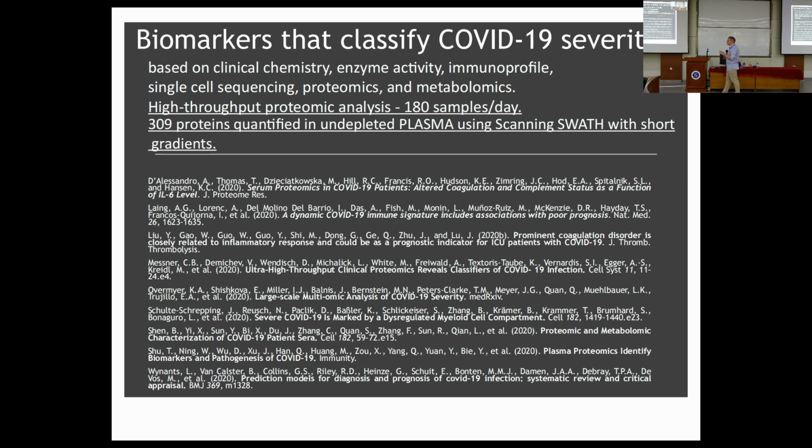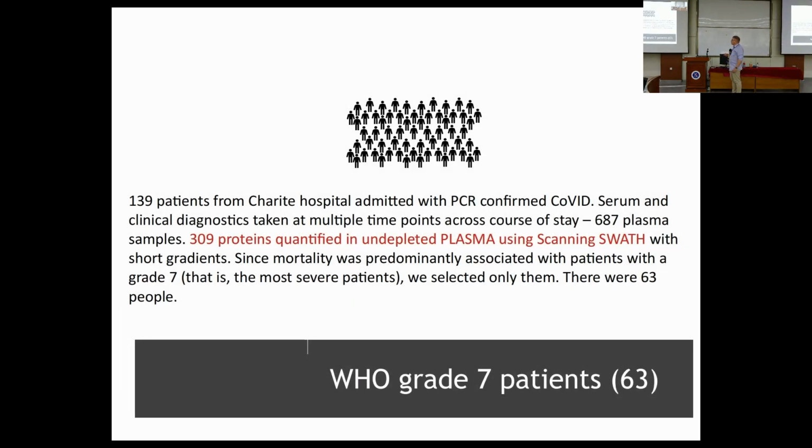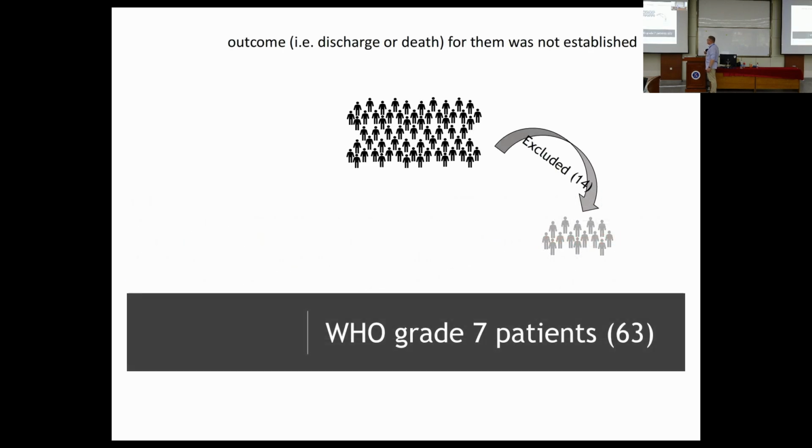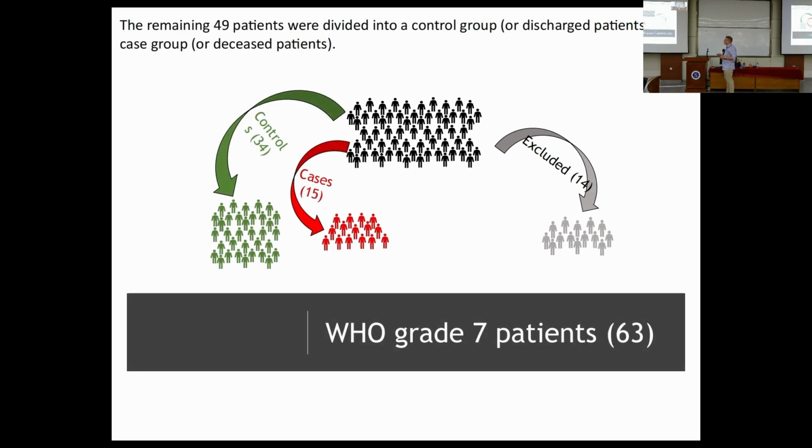So each patient has been characterized with 309 numbers. And we constructed our model for these patients, the World Health Organization grade 7 patients, among which we excluded 14 because at the time of the study, in March 2020, the result was still unknown, and the rest was split into cases who unfortunately died or were in a very complicated situation, and controls.